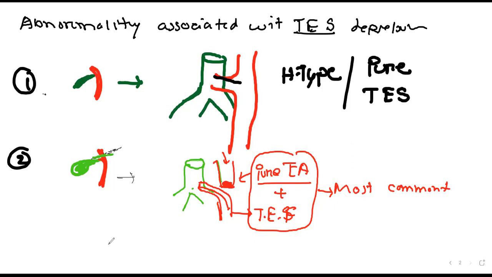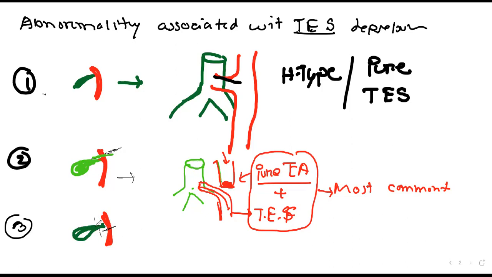And here we go to our third abnormality, third condition. There is our normal foregut derivatives, and from here our lung bud originates. What happens if our tracheoesophageal septum develops along this line? Here is one tracheoesophageal septum, and there is another tracheoesophageal septum here.